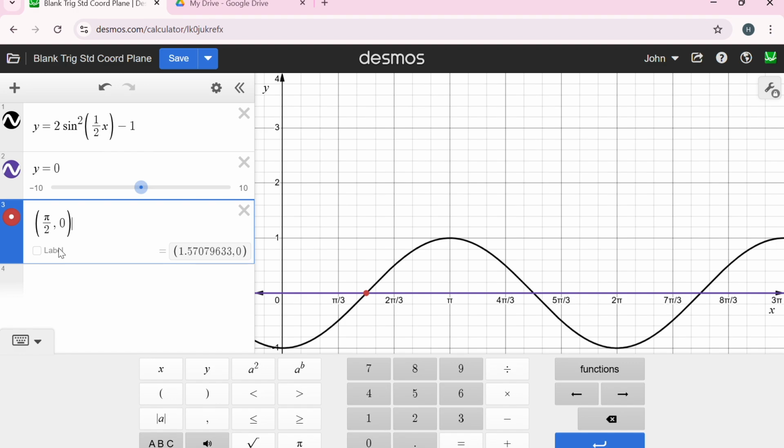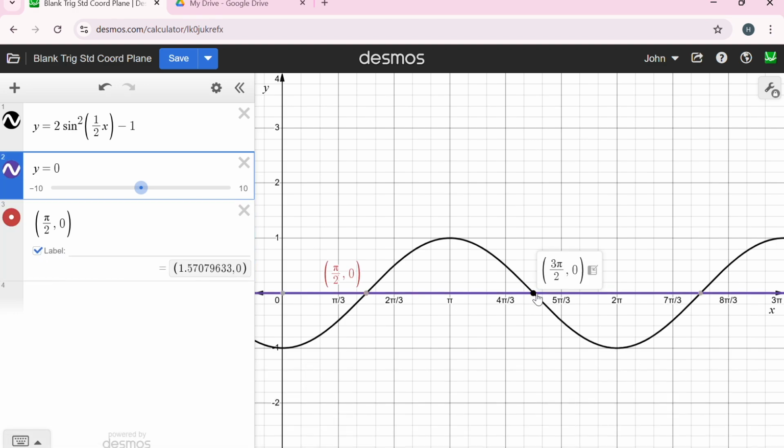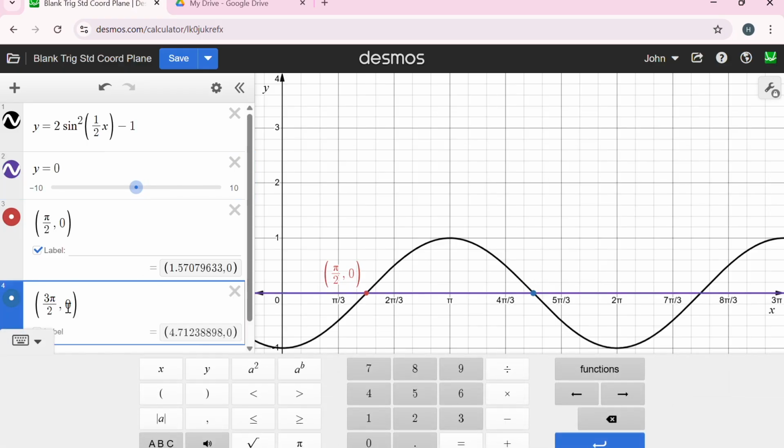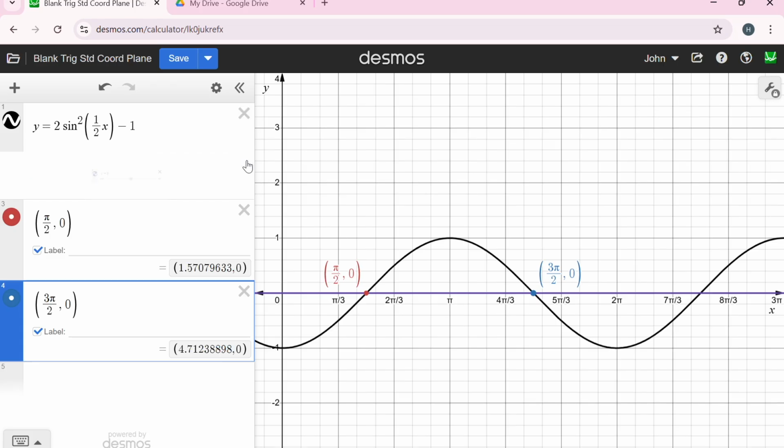Pi over 2. Another one here at 3 pi over 2. Okay, and then this one is outside of our domain. So I have 2 solutions, pi over 2 and 3 pi over 2. Bingo, there we go.